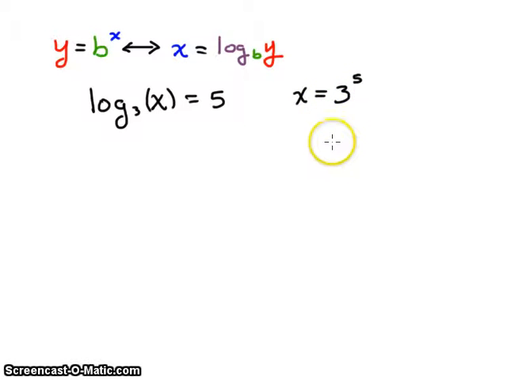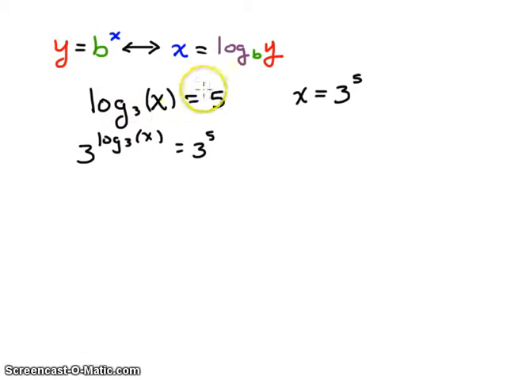But let's take a look at another method that will help us if things are a little bit more complicated than this. What we're going to do is raise 3 to the power of both sides. And the reason for that is as follows. If I take 3 and raise to the power of both sides, I have a common base here, which is 3, which would give me this expression.